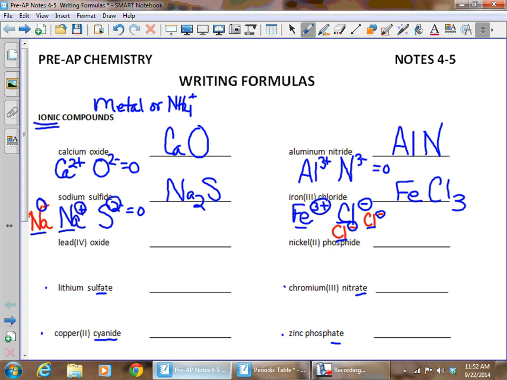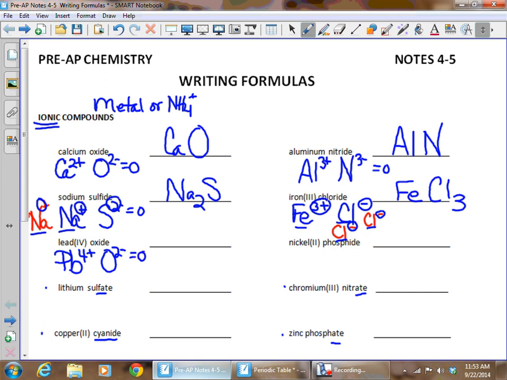Lead 4 oxide, similar. That Roman numeral 4, remember IV stands for 4, tells us that we have a 4 plus charge for lead. We look up oxygen on the periodic table, and oxygen's in the 2 negative column. So with that information now, we need to get this to equal out to 0.